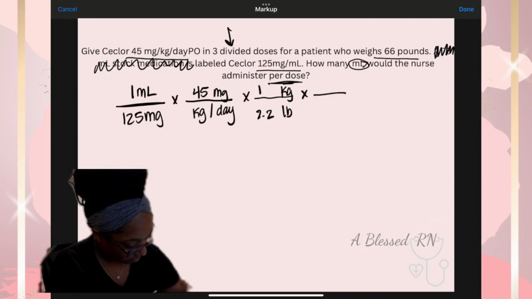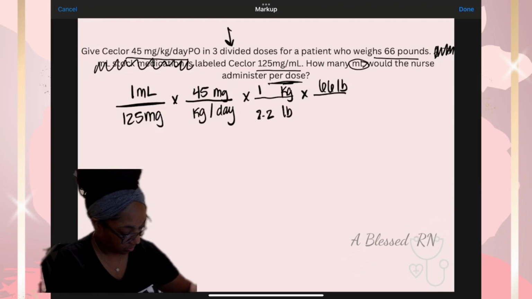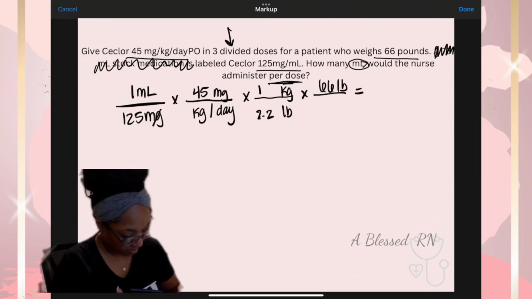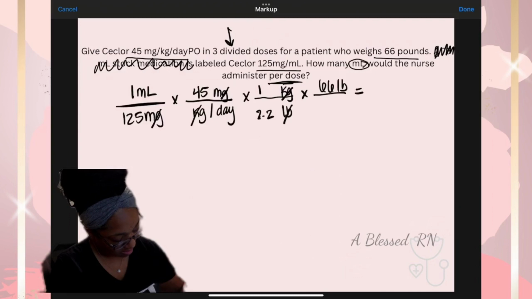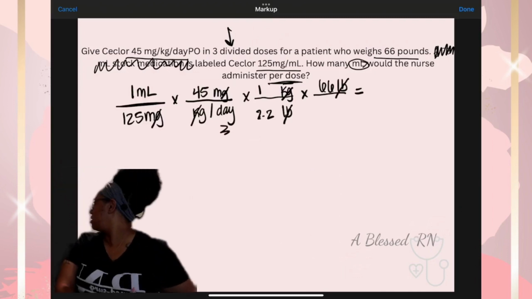And then, what do we also have? The weight of the patient. And this is going to be in days.